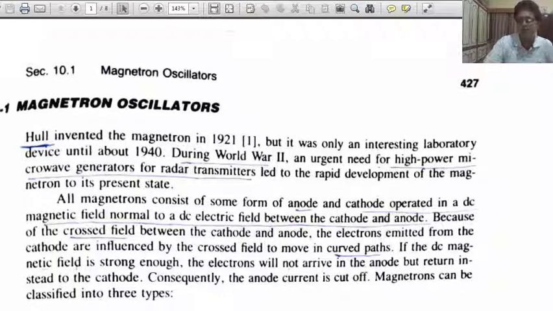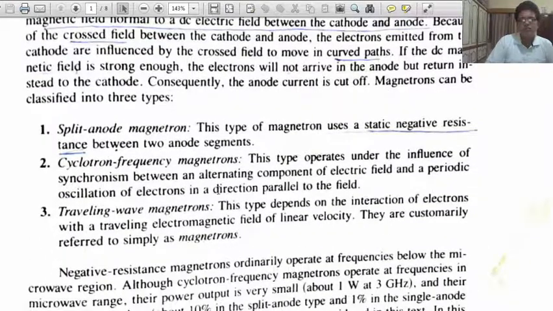Magnetrons are classified into three types. We know that there are many kinds of magnetrons. First, the split anode magnetron, which uses static negative resistance between two anode segments. Number two, cyclotron frequency magnetrons.